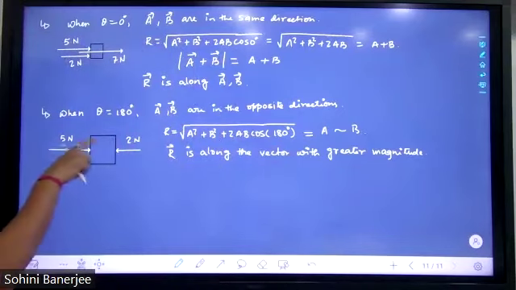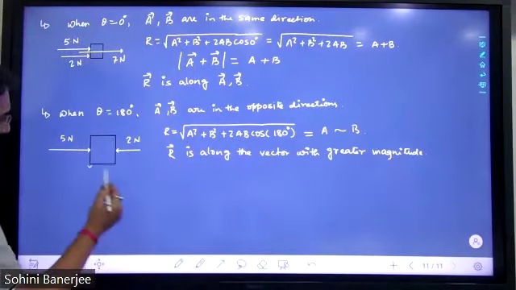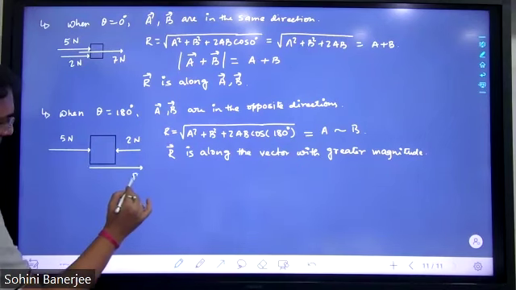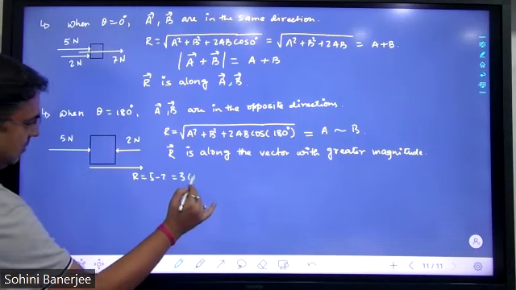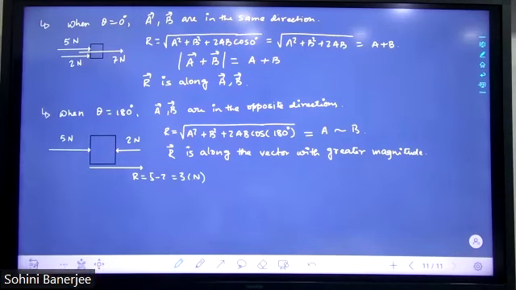In this case, the resultant will be this side, 5 minus 2 in Newton. Clear?